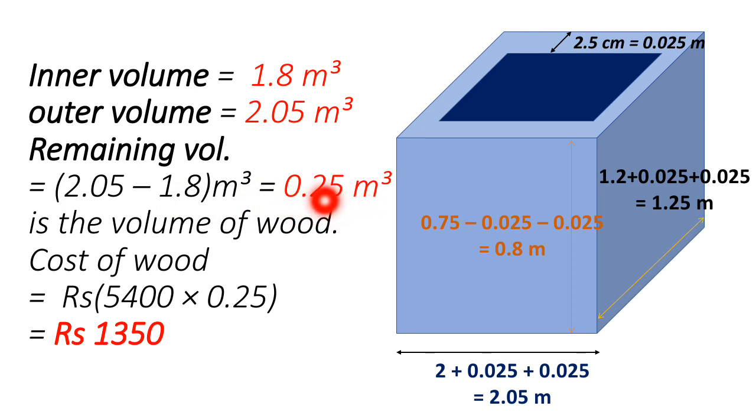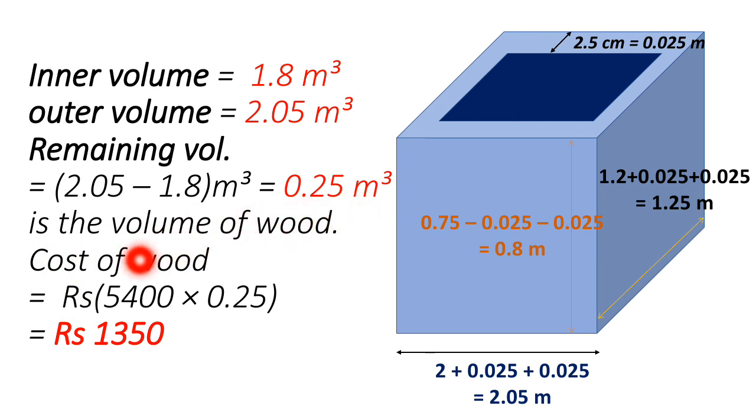This 0.25 meter cube gives the volume of the wood, the thickness of the wood, correct. We are considering only this thickness, and the inside part is vacant, it is closed, but the inside part is vacant, correct. Now 0.25 meter cube is the volume of the wood.